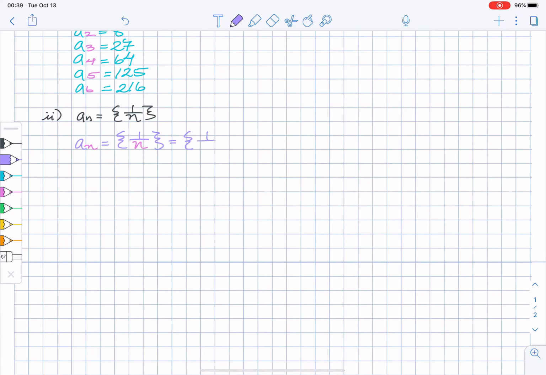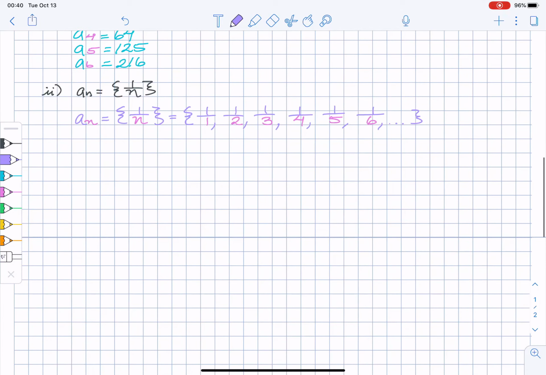So we start with 1 over 1, then 1 over 2, then 1 over 3, then 1 over 4, then 1 over 5, then 1 over 6, and it goes on forever like that.